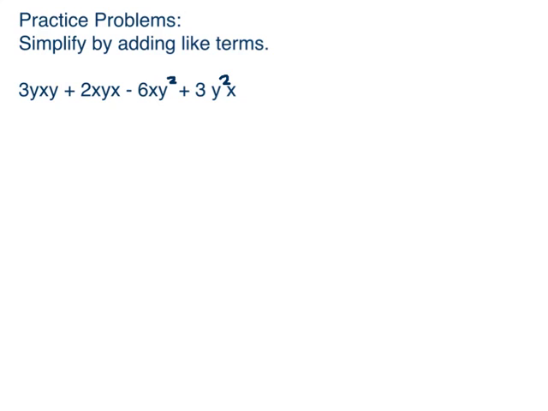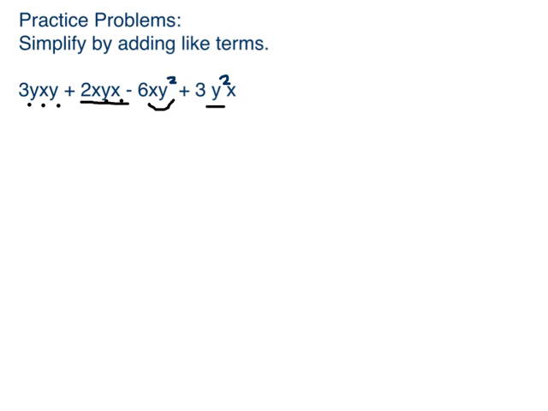Okay, so here we're going to do 3 practice problems, and it says simplify by adding like terms. Again, we're going to look at this and we're going to see that here we have y squared x, y squared x, and yx is also y squared x. Now this one is going to be different because it's got 2 x's and 1 y.